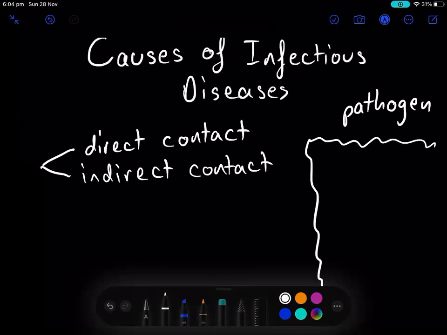Okay, and the effect of the disease will also be determined by its mode of transmission. So the next type of transmission is vector transmission. Vector transmission means that it's transmitted from one vector to another.